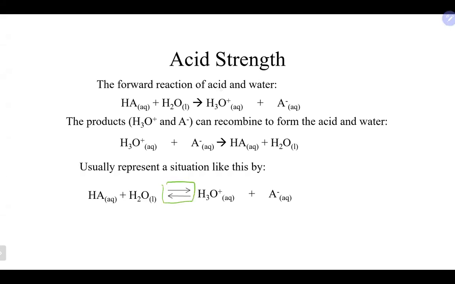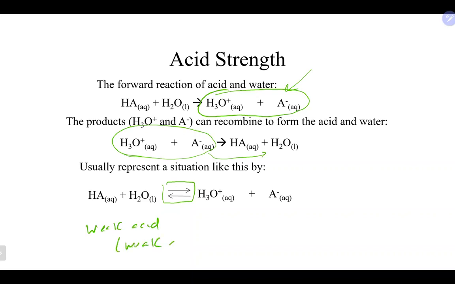Originally, the forward direction will make our H3O plus and A minus, but at some point, those will have enough of a concentration that they can, in a weak acid situation, head back the other way. And we get this back and forth for a weak acid. And that really is, like I said, a weak electrolyte, which again is why we see those arrows heading in both directions.